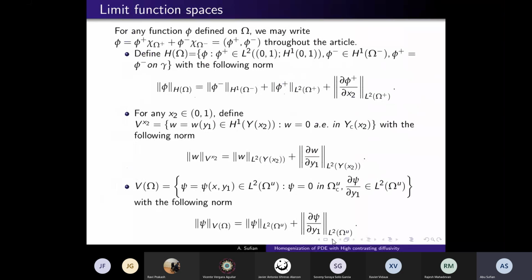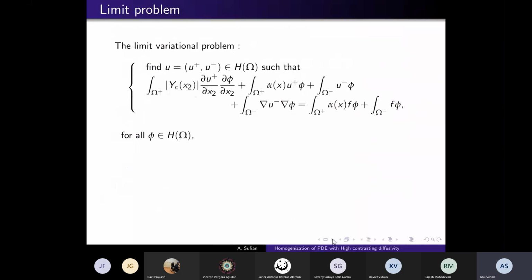Now we are in a setup to state our limit variational form. Find u equal to (u plus, u minus) belonging to H omega such that, with |Y C x2| the measure of Y C x2, the integral over omega plus of |Y C x2| del u plus del x2 del phi plus del x2, plus the integral over omega plus of alpha x u plus phi plus, plus the integral over omega minus of u minus phi minus, plus the integral over omega minus of grad u minus grad phi minus, equals the integral over omega plus of alpha x f phi plus the integral over omega minus of f phi.